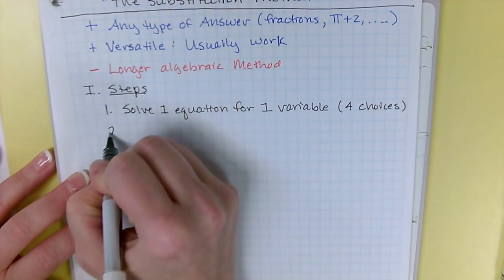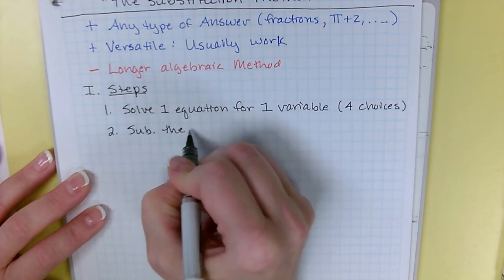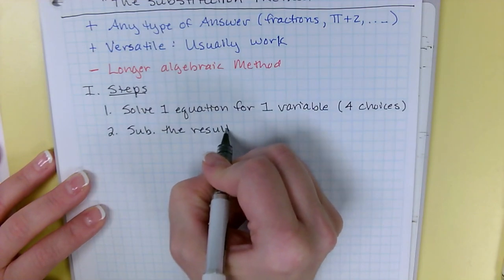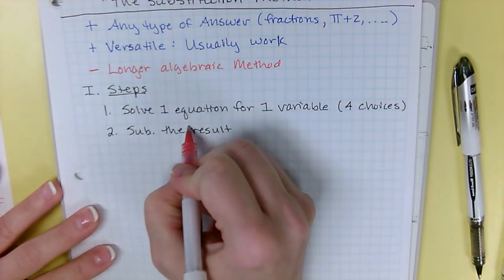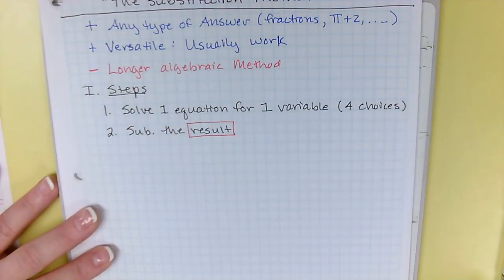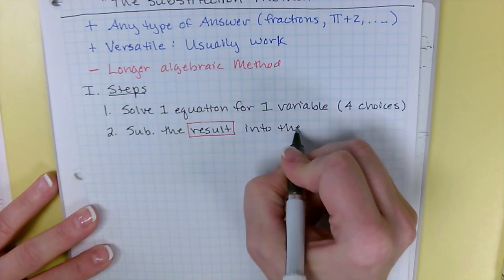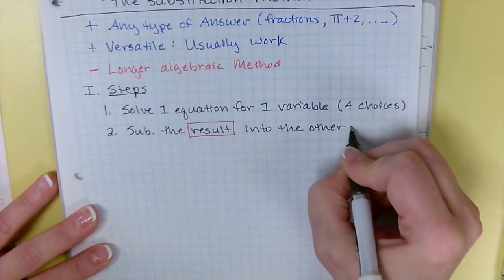Okay, step number 2. You're going to substitute the result, and I'm going to put the word result in a box because on the work, you're going to put a box around the result. So substitute the result into the other equation.